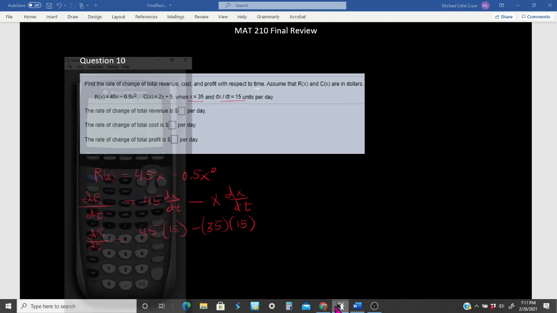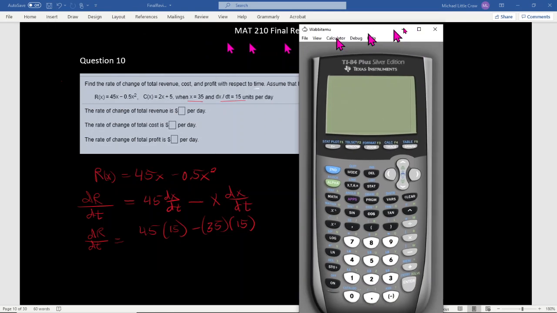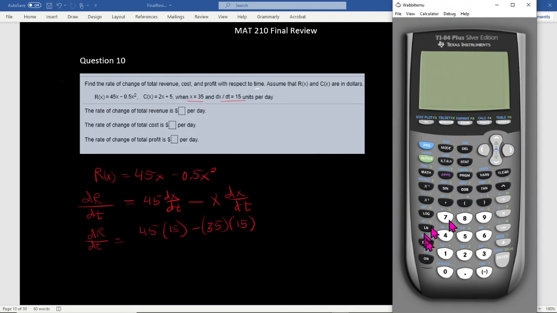Okay, and so this gives us our value, 45 times 15. Let's go ahead and bust out a calculator on both of these. 45 times 15 is 675, and then 35 times 15 is about 100 less, 525.